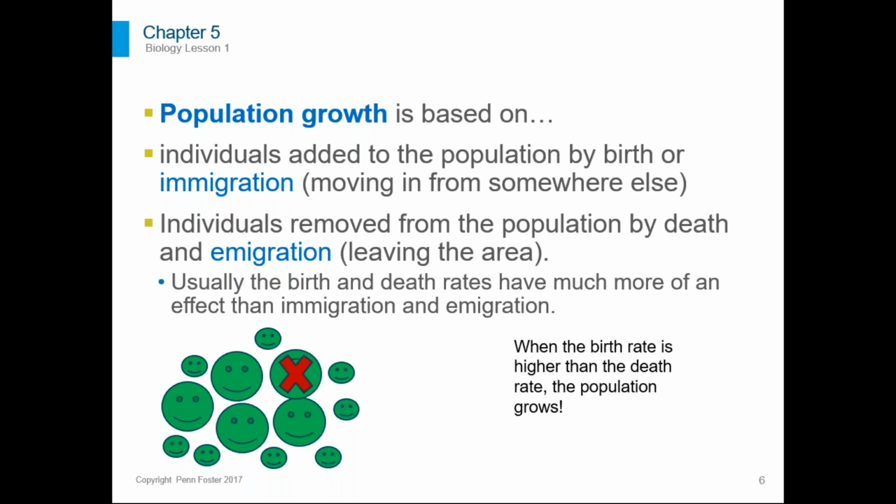Basically, when the birth rate is higher than the death rate, the population grows. There are also some cases where it grows because the immigration rate, the individuals moving in, is higher than the emigration rate, which is the individuals moving out. But again, usually the birth and death rates matter more.